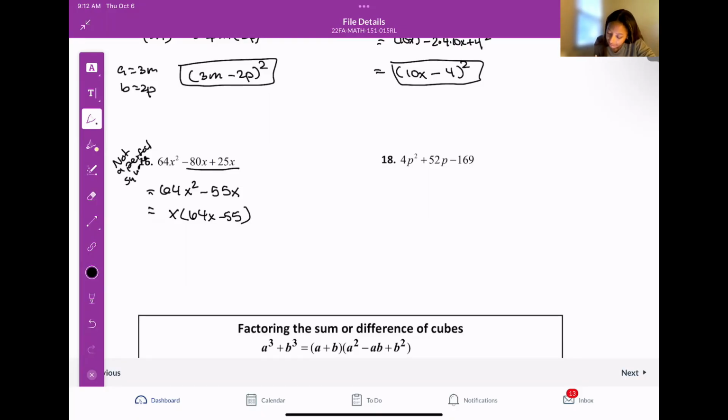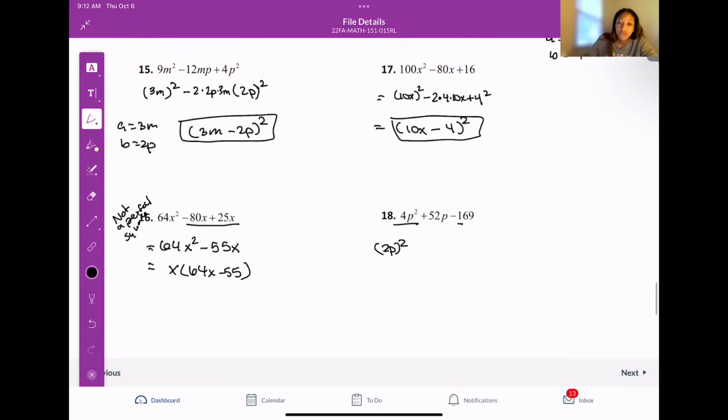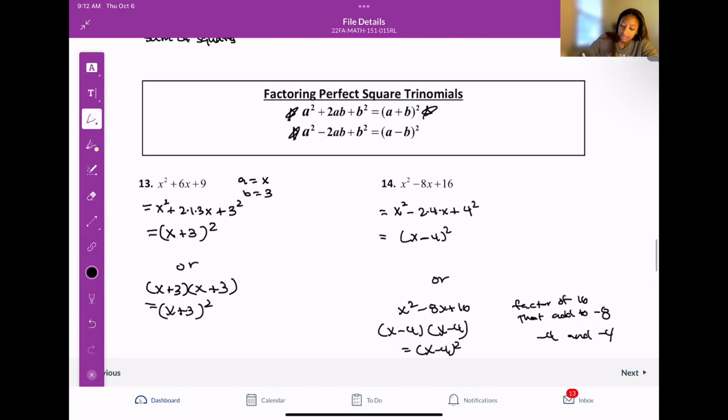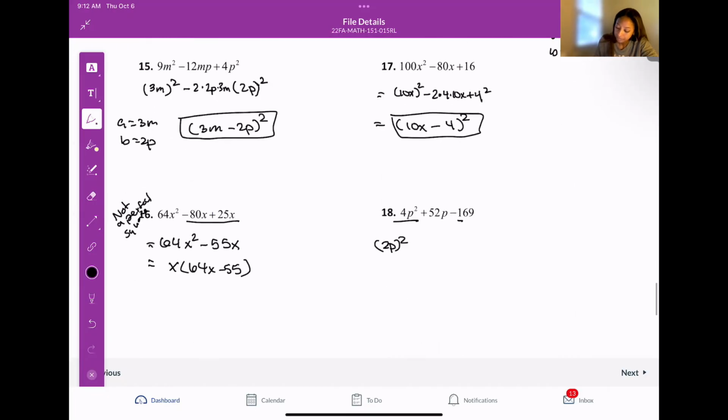So for number 18, we have 4p squared, that's 2p all squared, and then minus 169 here. You go back to the rule. Where is it? All the way up here. This b term needs to be positive.